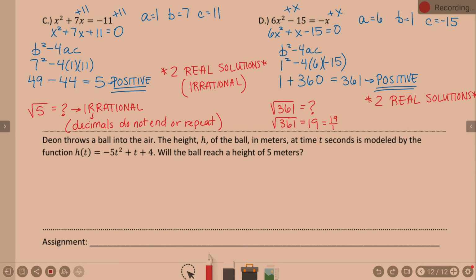Any number that can be expressed as a fraction is rational. So this is going to be two real solutions that are rational. And it's rational because it can be expressed as a fraction.